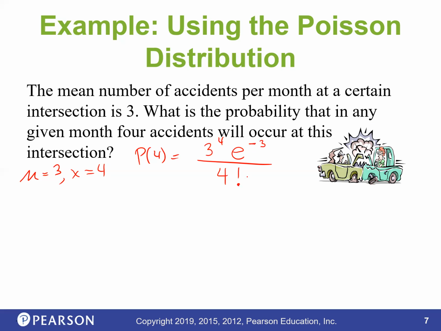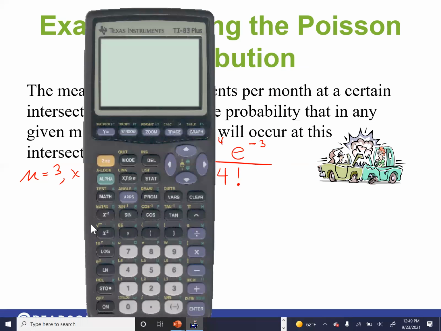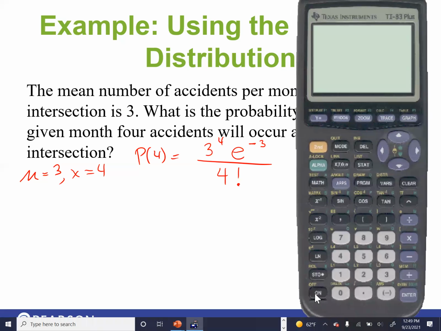So we're going to do it together, and if you can do it ahead of me, that's fine. Perfect. So into our calculators. No, that's too fast. 3 to the 4th power times e.